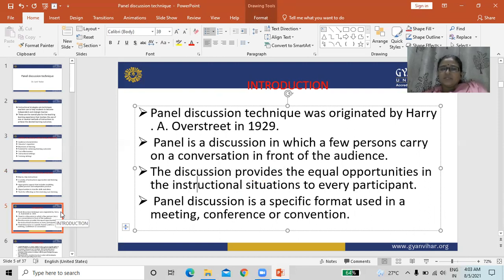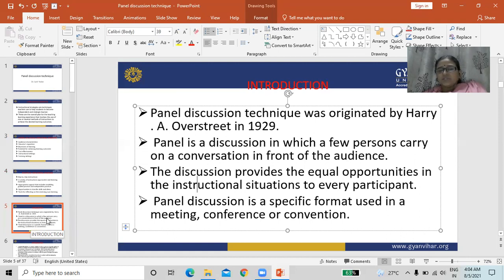Panel discussion is one in which a few persons carry on a conversation in front of an audience. The discussion provides equal opportunity in the instructional situation to every participant.